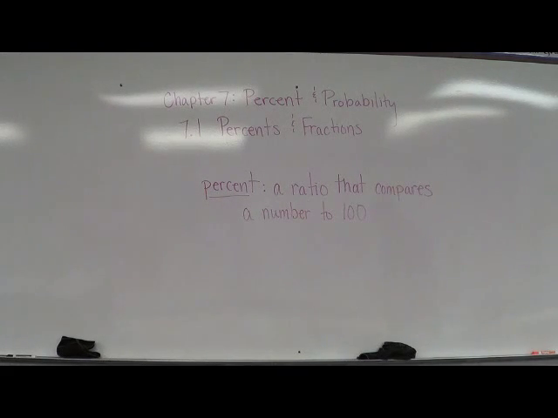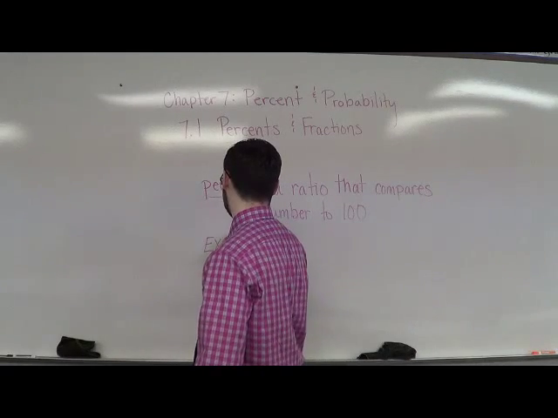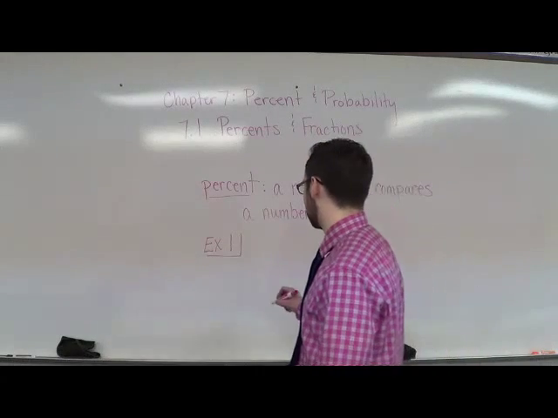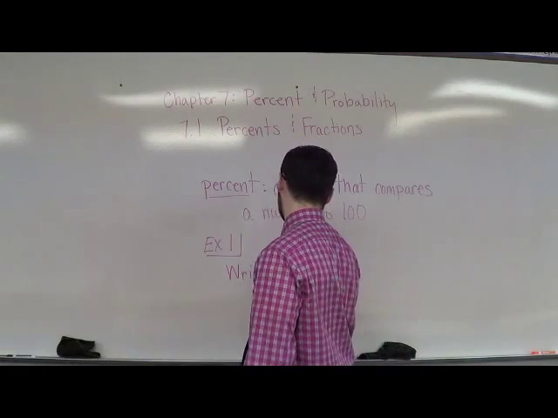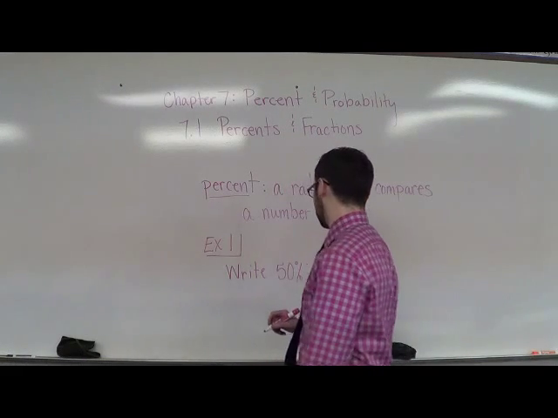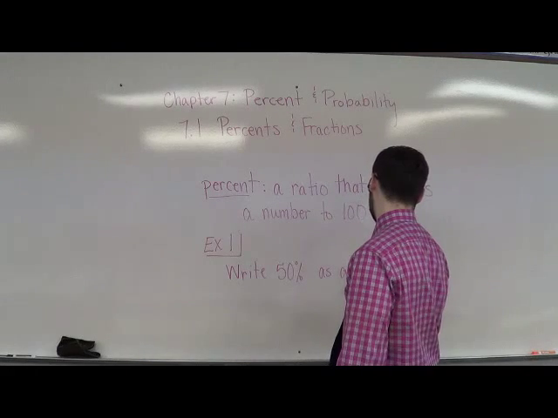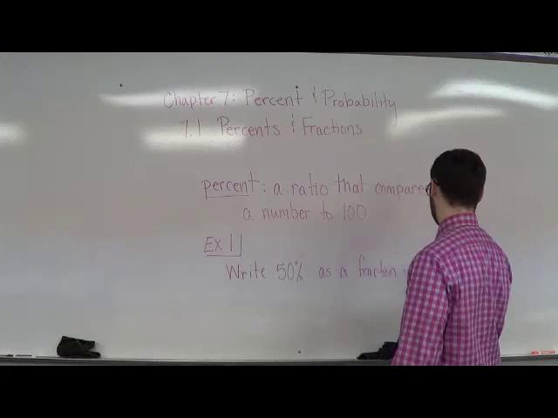And we're going to just take a look at one quick example of how we write percentages as fractions. So if I say, write 50% as a fraction in simplest form.